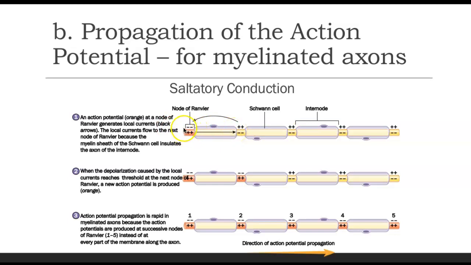Where this action potential is taking place, we are going to get local currents that are going to flow to the next node of Ranvier. And so we start to get this propagation. Once we reach threshold at each of these nodes of Ranvier, we are going to get that action potential to take place, and then it'll go on to the next, so that it'll continue along the entire axon.